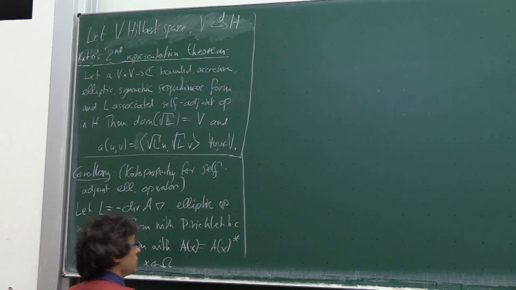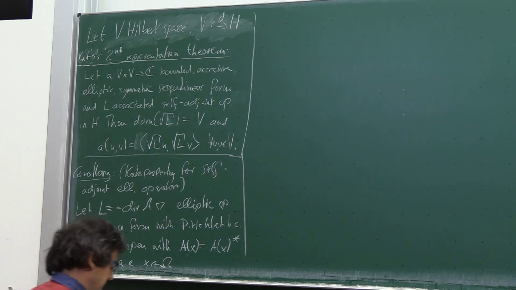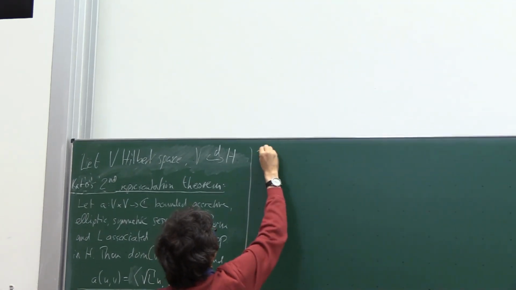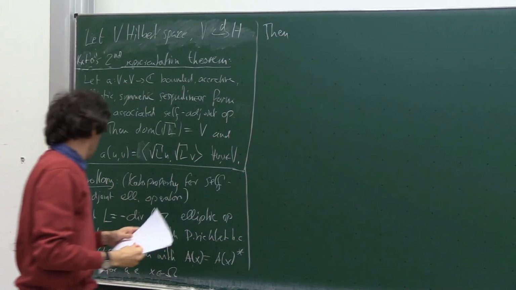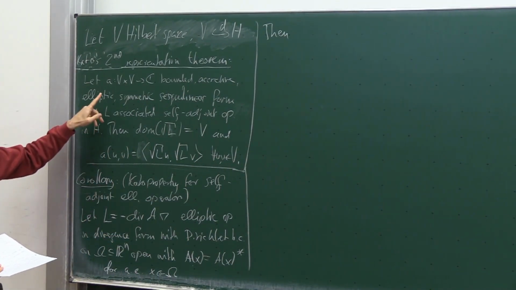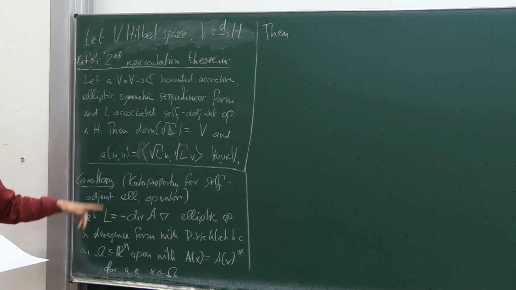So we need Hermitian matrices as coefficients. But then we know from our lectures that this operator comes from a form. This form is accretive, bounded, elliptic, symmetric.